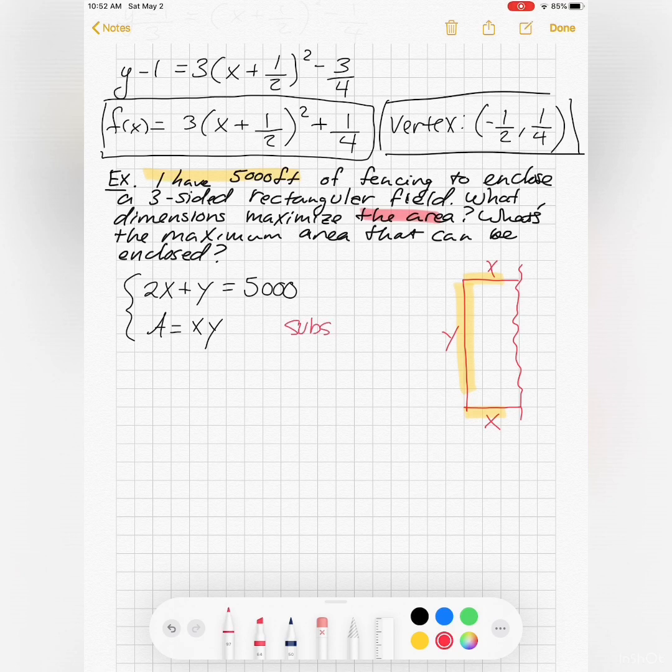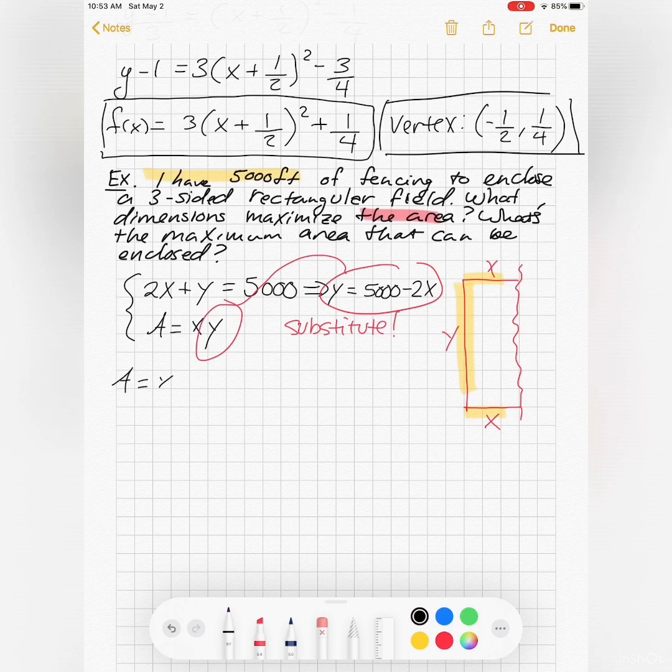I need to use the first equation. So what if I solve the first equation for, say, y, and then I take that and I plug that into the second equation.